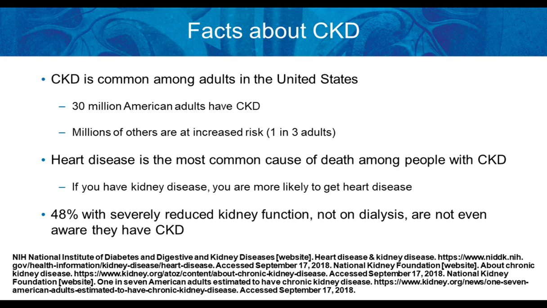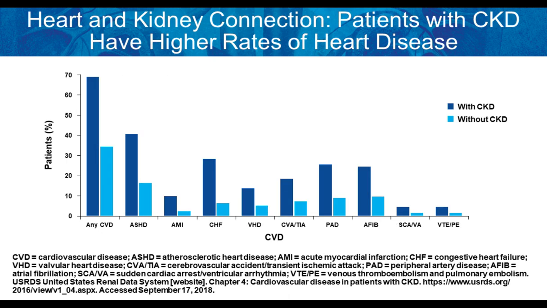And interestingly, heart disease is among the most common causes of death for people with chronic kidney disease. As you can see in this slide, all forms of cardiovascular disease, from coronary disease to valvular heart disease to peripheral arterial disease to arrhythmias, are more common in patients with CKD than those without CKD.